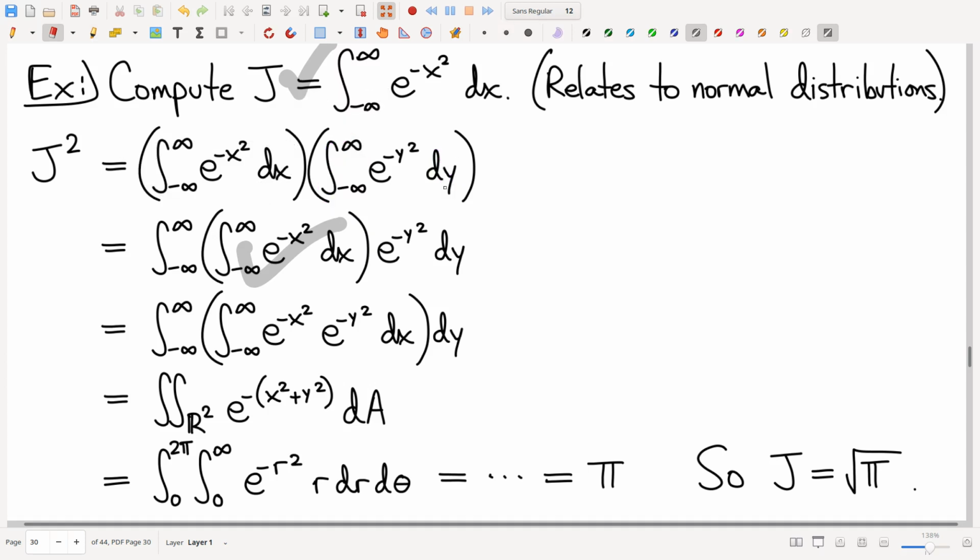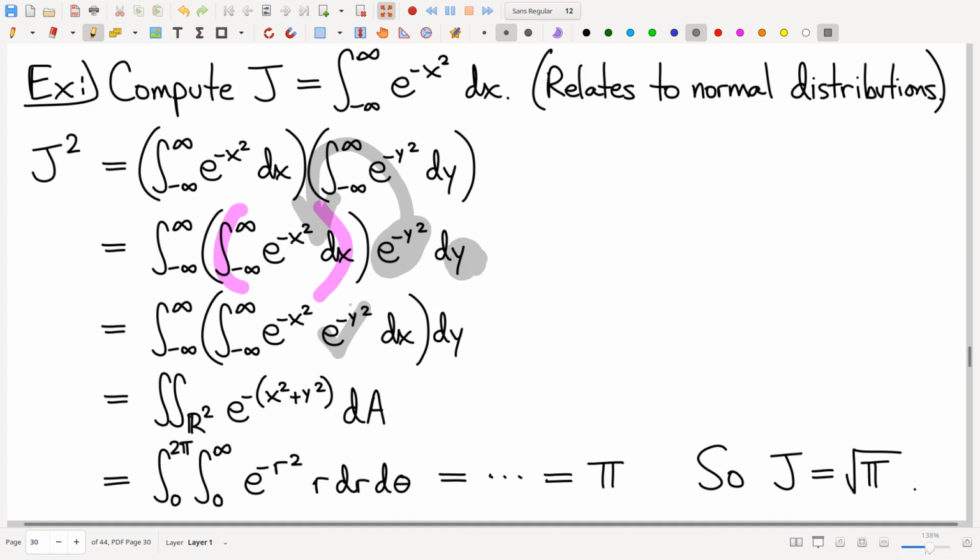Okay. Next clever move. Let's look at this dx integral. Notice that this dx integral is inside of the dy integral, dy being further to the outside. As far as that purple dx integral is concerned, y is a constant, which means that e to the negative y squared is a constant. And again, constants, you're allowed to just move inside of an integral. I'm doing this weird kind of folding around of the expression.